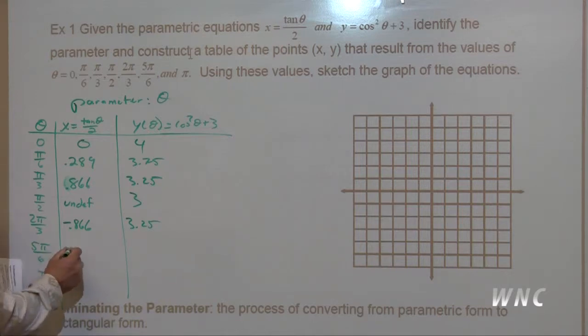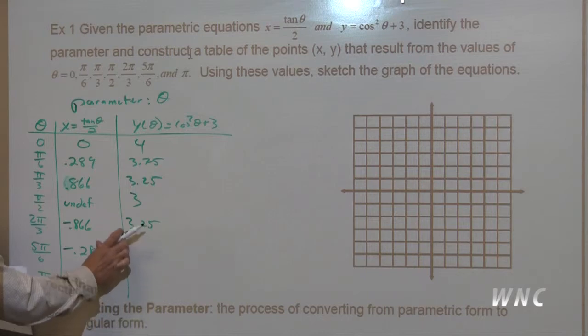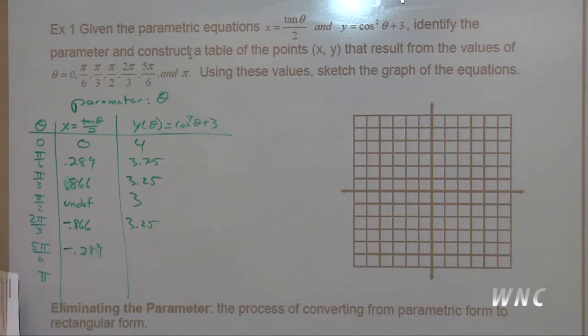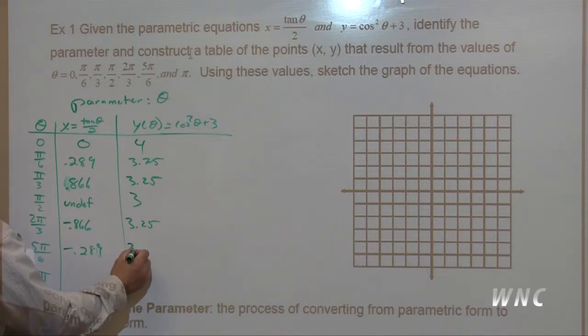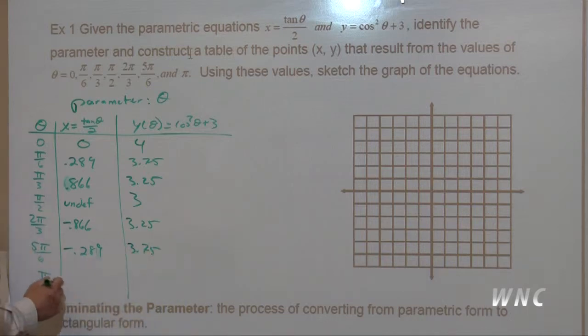And we're at negative 0.289, and really, we're going to round that off to negative 0.3 when we graph it. And then we have 3.75. And for pi, we're at 0 here, and at 4 for that one.